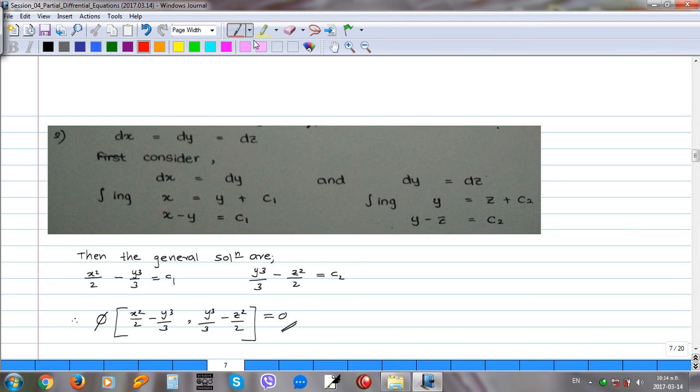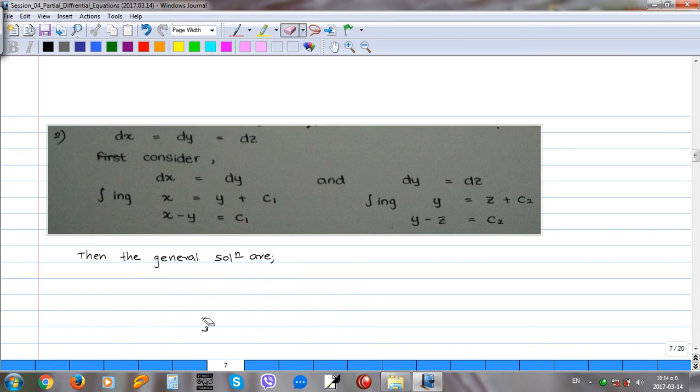Then you can write the general solution phi of (x minus y, y minus z) equals 0.